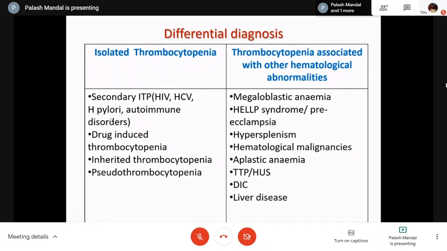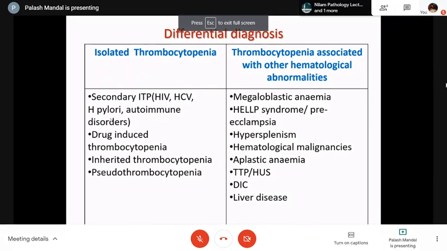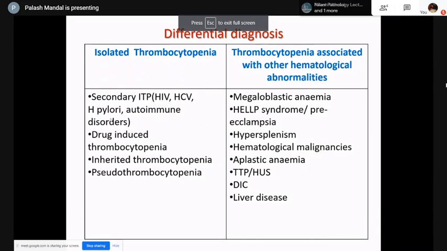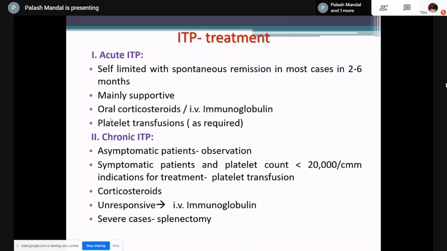There can be hemolytic syndromes in preeclampsia. There can be hypersplenism, malignant disorders like hematological malignancies, leukemias, and other conditions which need to be ruled out. That is the differential diagnosis. But most important is the ITP of all these things.